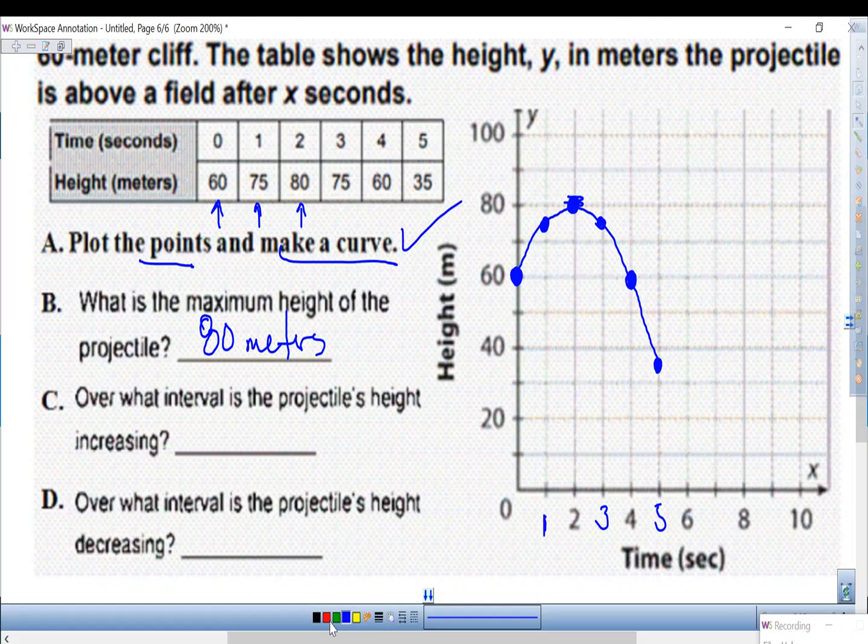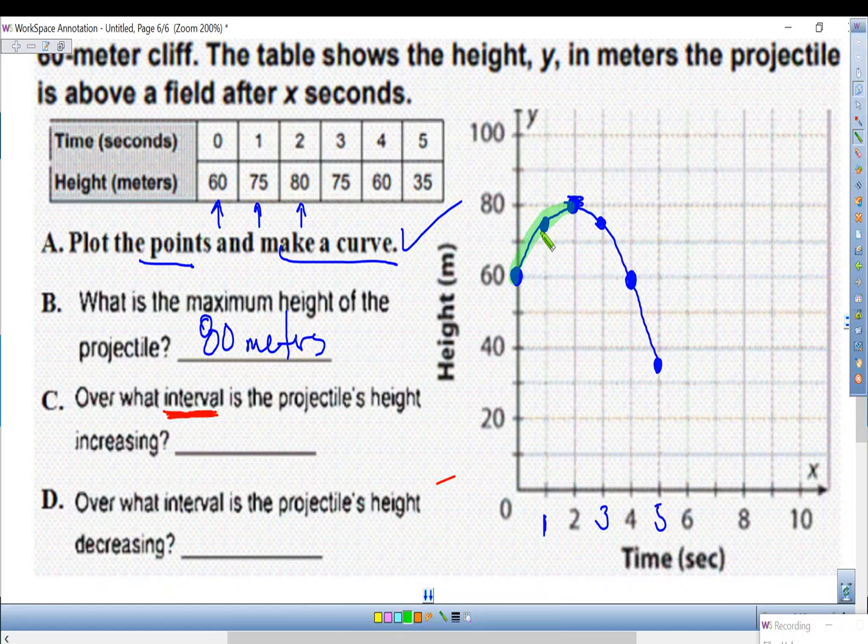Next, I'm going to switch to red. Over what interval, notice that here they're asking for interval notation, is the projectile's height increasing? So look at it. Where does the projectile height increase? The height increases all the way from 60 to what?